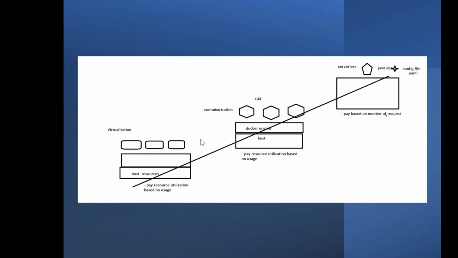From here, we move towards containerization using GKE, the things that we have done last day. See, last day, we used a GKE setup that is already given to us by Google. If you want to create that type of setup in your system, in the host operating system, you can install Docker engine. Above Docker engine, you can create containerized applications so that they will run.